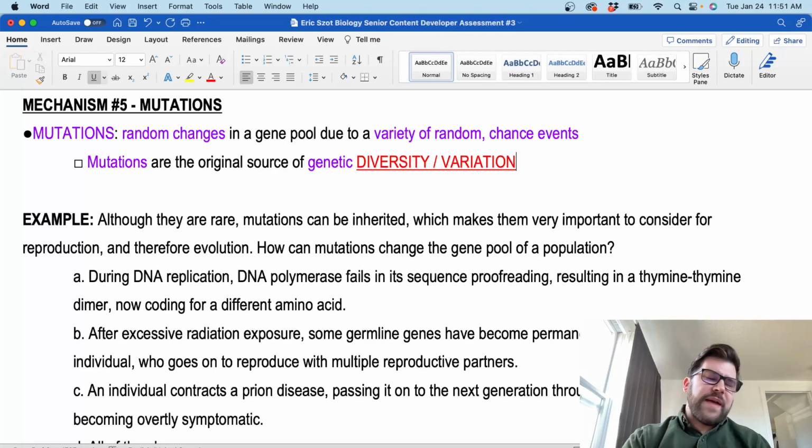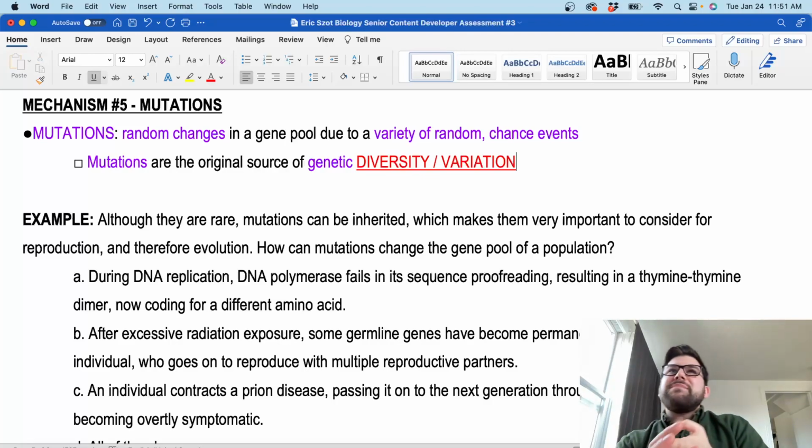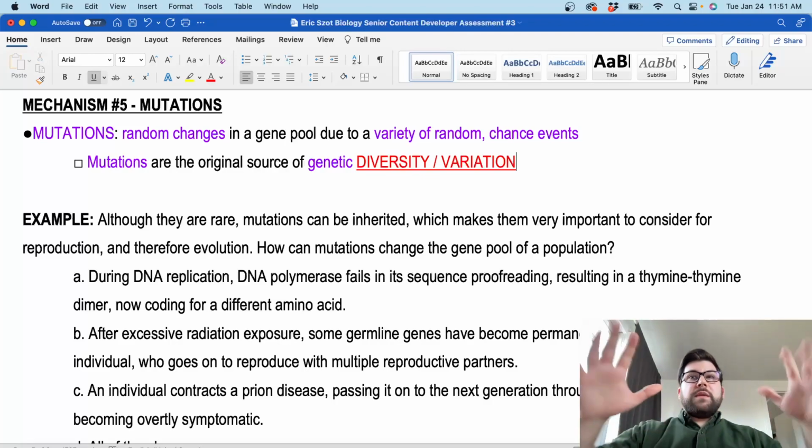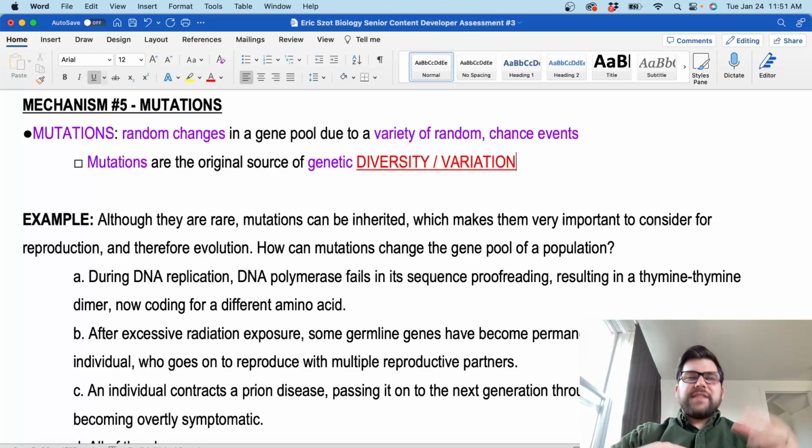So if we're looking at the 5 mechanisms, at the very least we have mutations changing the gene pool. Maybe natural selection isn't happening. Maybe sexual selection isn't happening. Maybe gene flow isn't happening. Genetic drift seems maybe a little random or too hard to shut off in terms of its randomness. But mutations, definitely not going anywhere. Very prevalent feature of life on Earth, just can't be avoided. So because of this, they're definitely an evolutionary mechanism, definitely changing the gene pool over time.